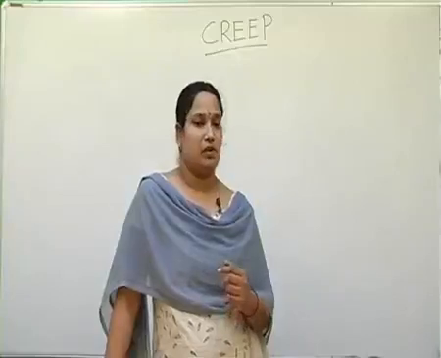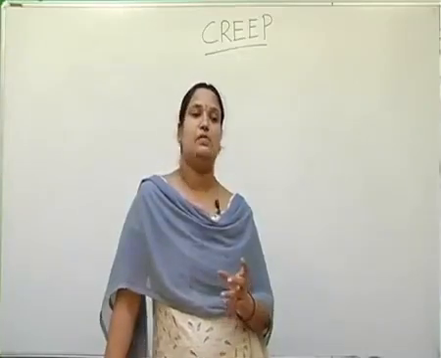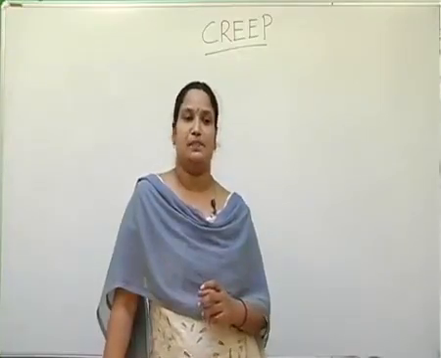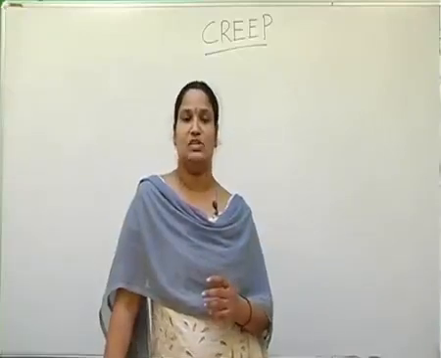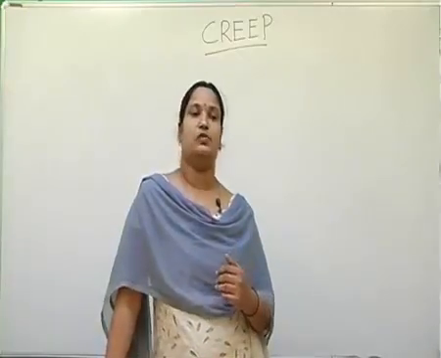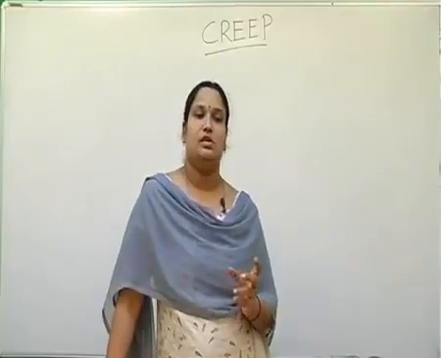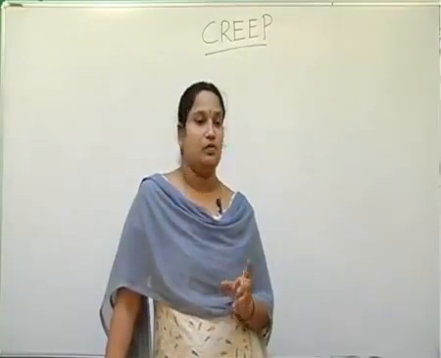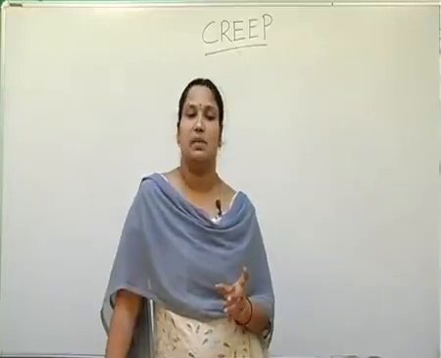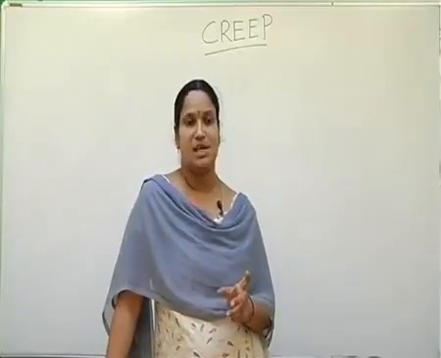Apart from this, we have also discussed the various creep deformation mechanisms, which involve dislocations with the aid of diffusion, known as dislocation creep, and then diffusional creep, of which we have two types: Nabarro-Herring creep and Coble creep.